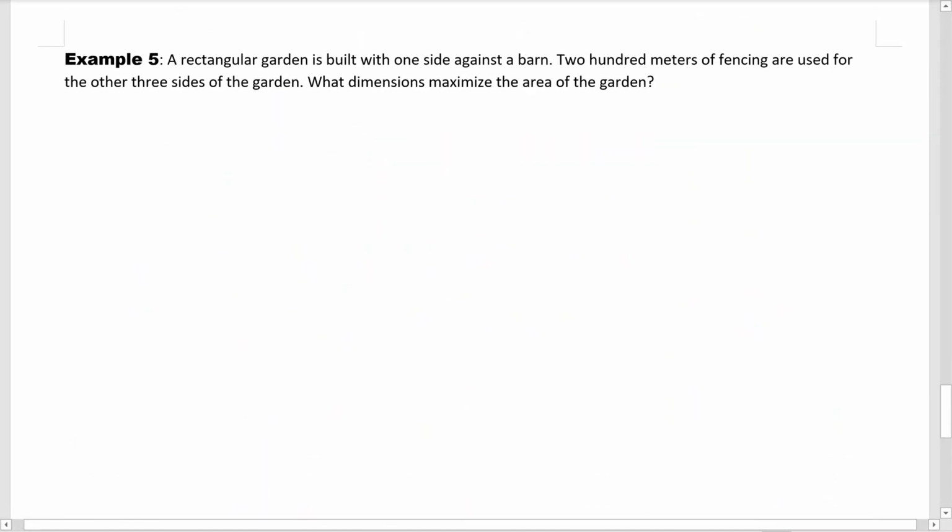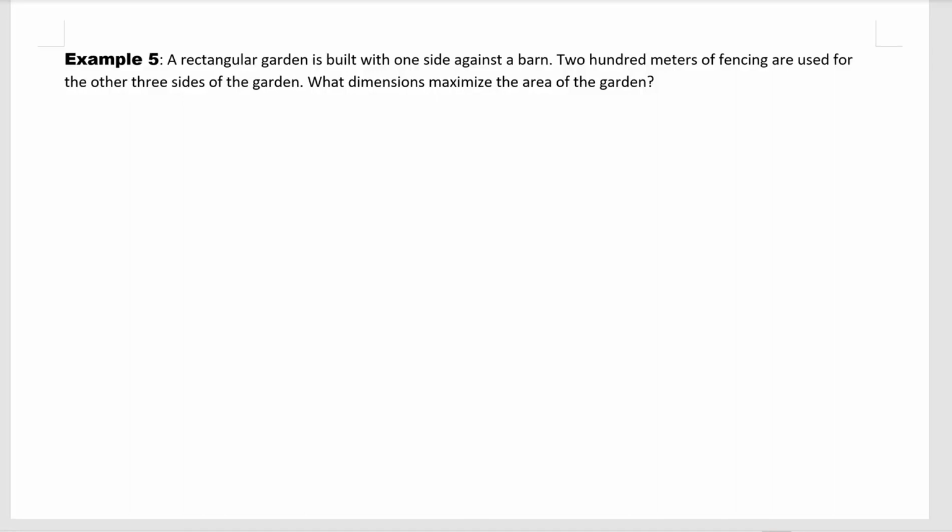Next, let's look at example 5. A rectangular garden is built with one side against a barn. 200 meters of fencing are used for the other 3 sides of the garden. Okay, what dimensions maximize the area of the garden?